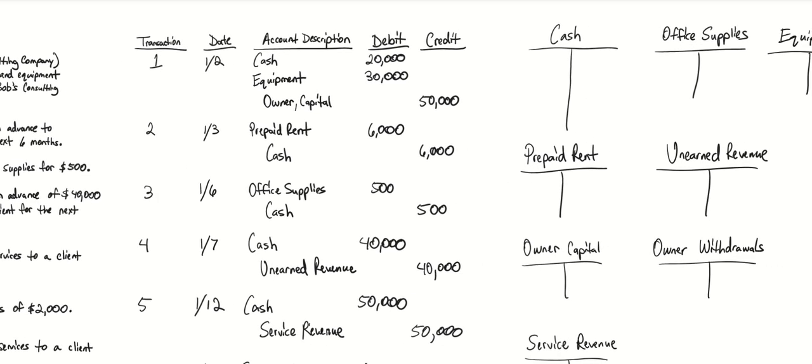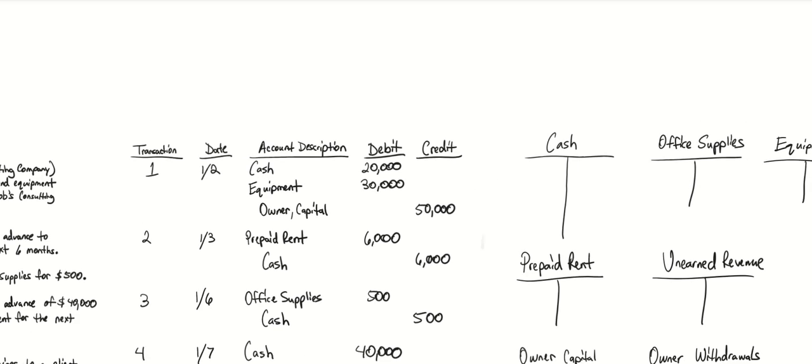Okay, so the general journal shows you the debits and credits, which again, as I said in the previous video, the debit and credit columns represent the flow of economic resources. Okay, so the credit column is showing where the economic resources are coming from. The debit column shows where the economic resources are going to. So that's the significance of the debit and credit columns.